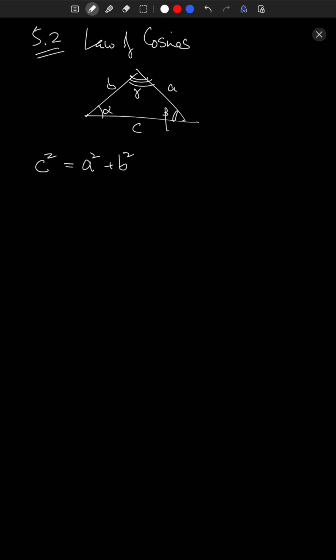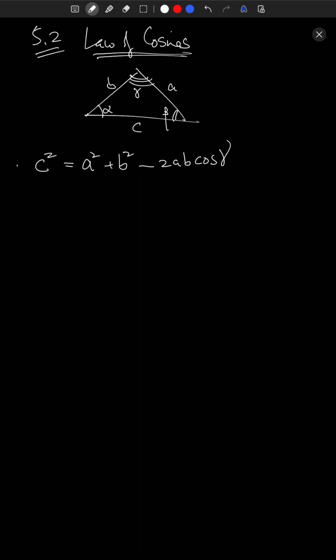These laws of cosines are going to work for any triangles. And so you don't expect this to be true because we know this is only true for right triangles. So actually there's another term, a correction term, 2ab cosine gamma. All right. So that's the first of the 3 laws.